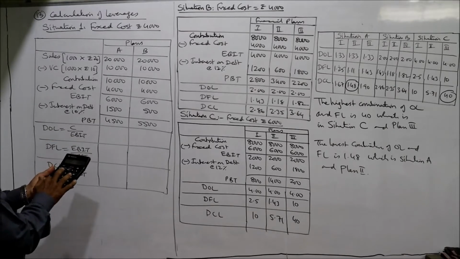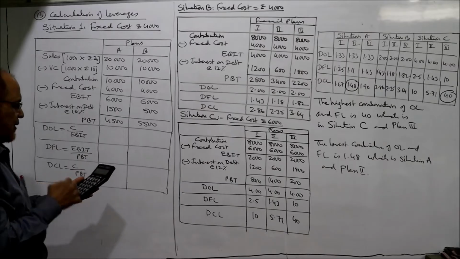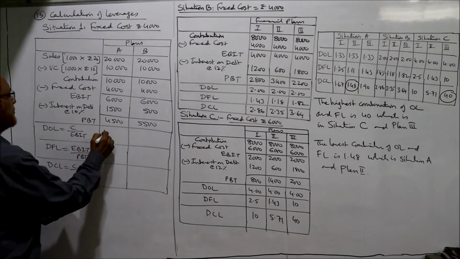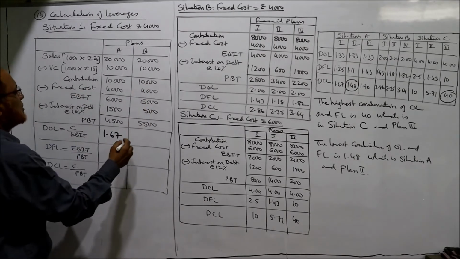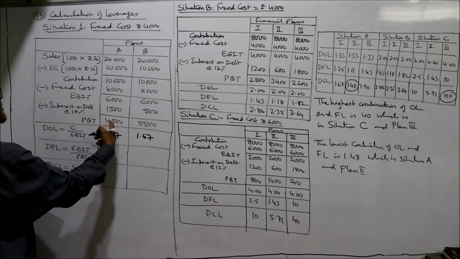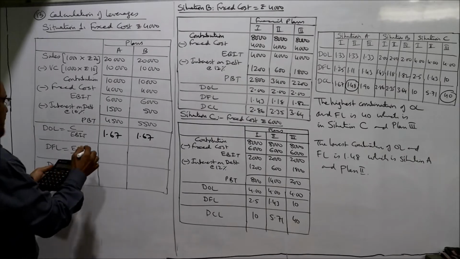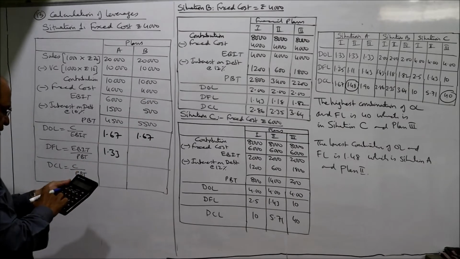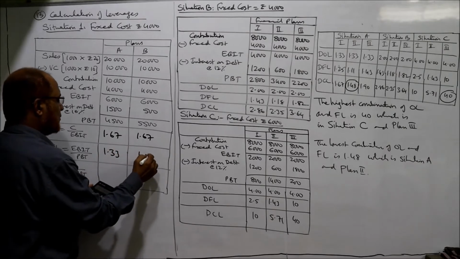C, contribution 10,000 divided by EBIT 6,000, 1.67. Similarly, contribution 10,000 by 6,000. Then here EBIT by PBT, 6,000 by 4,500, 1.33. In the same way, 6,000 by 5,500, 1.09.